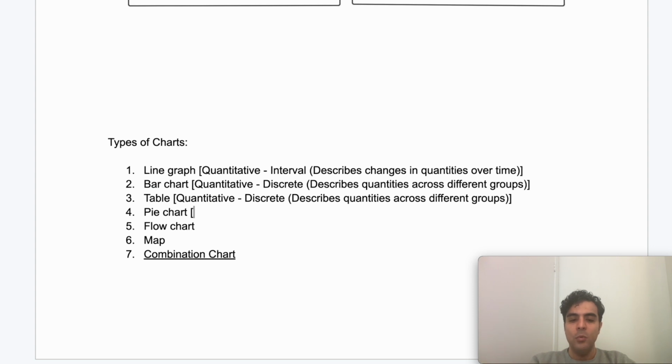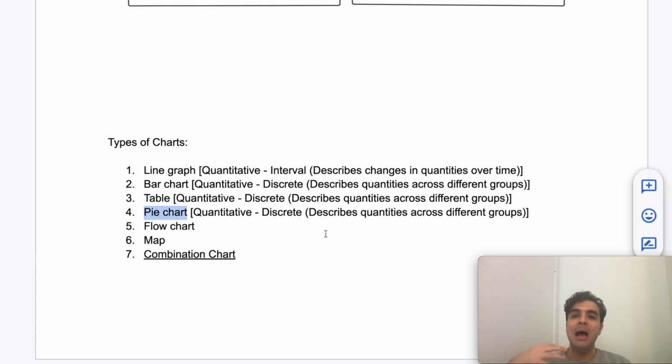What about the pie chart? Once again, I think you would agree with me that this is quantitative and that it is discrete, which means it's describing quantities across different groups again. But there's a slight difference that I perhaps didn't mention in my previous explanation. And that is, in a pie chart, we're dealing with a fixed amount. Do you see? It's like a pie or a pizza where you can see a share from a total sum.